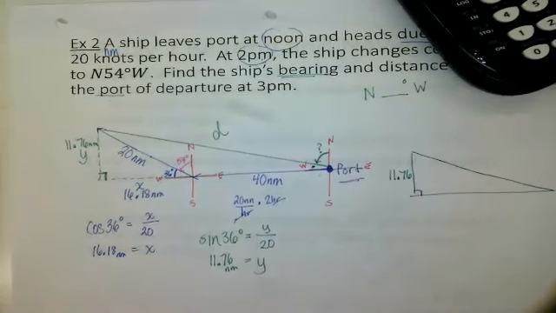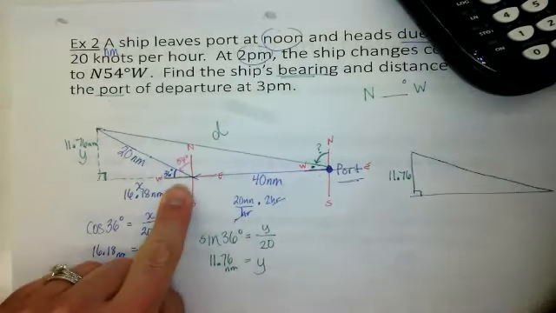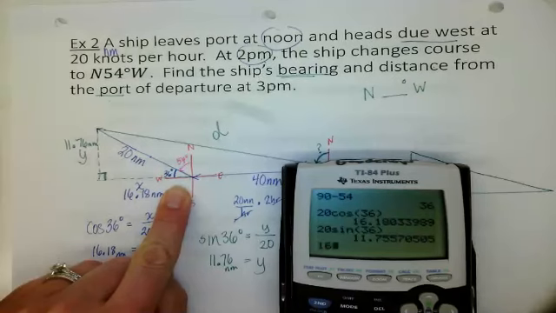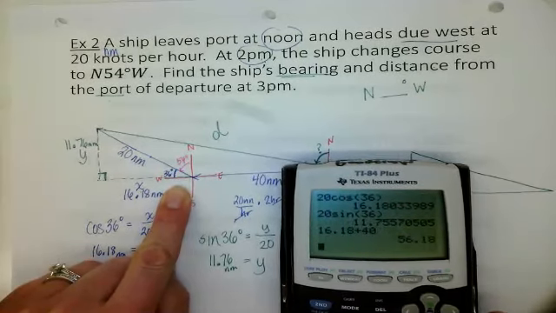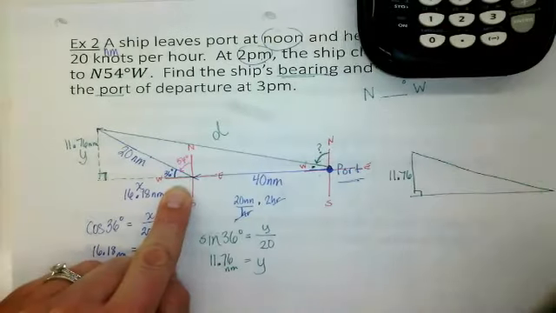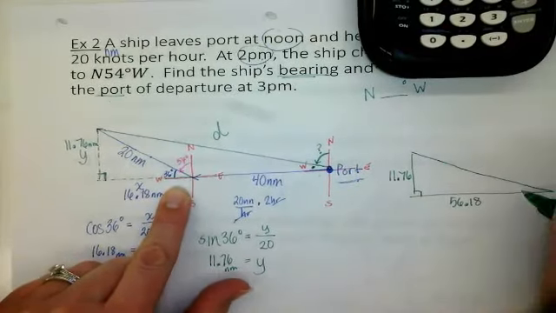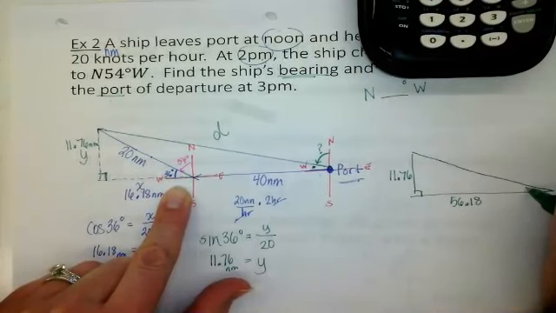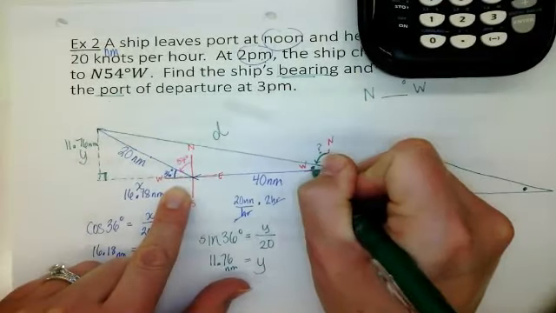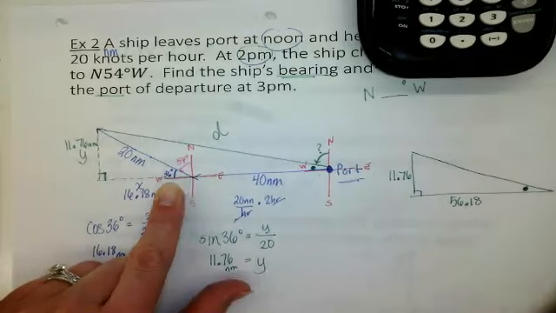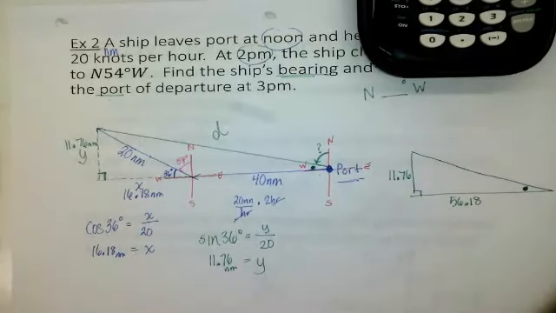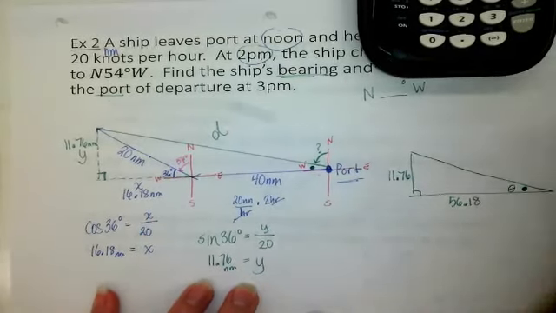And that base is 16.18 plus 40, which I probably could have done in my head, but 56.18. And that's going to allow me to figure out this angle, which is right here. All right. I'll call this theta.